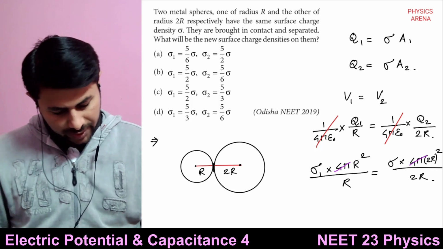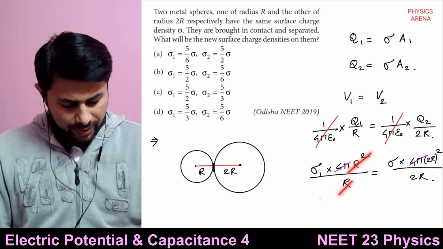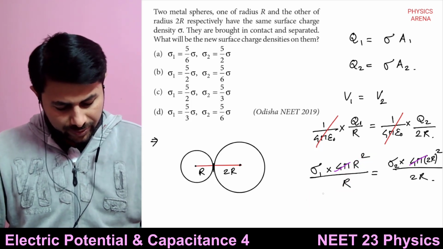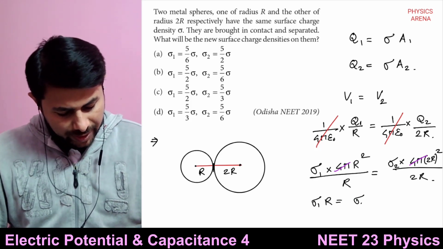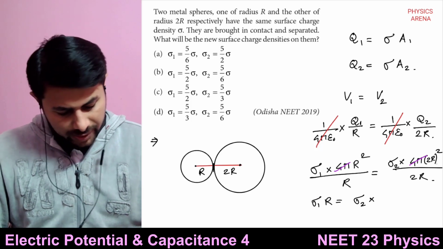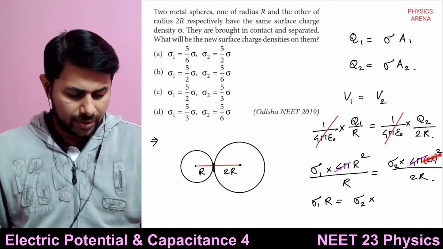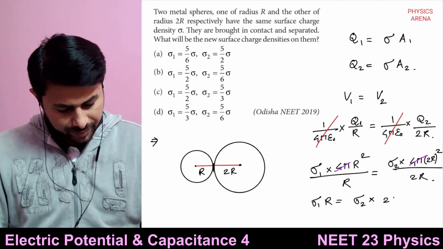Then we have sigma 1 multiplied by r on this side, equal to sigma 2 multiplied by 2r square divided by 2r, so it will be 2 times r.